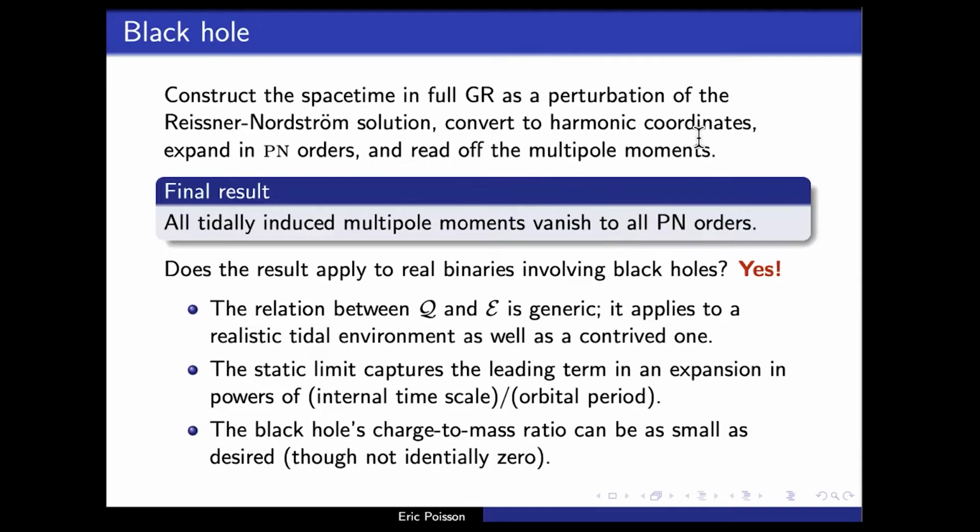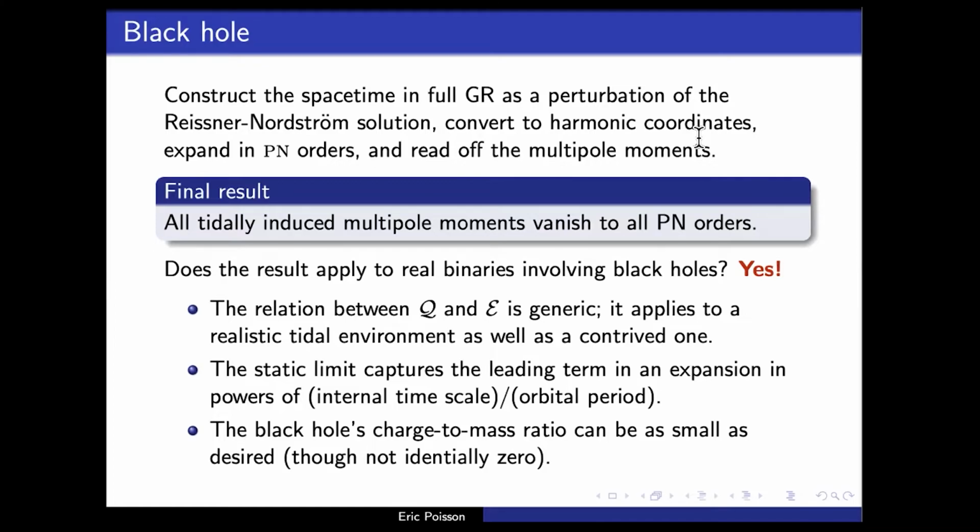And I can then incorporate an approximation where the separation between the big black hole and the small body is large, and I can reintroduce after the fact the post-Newtonian expansion. And with that, I can read off the multipole moments, because remember, my multipole moments here are defined in post-Newtonian theory. So by starting with the static binary and doing the calculation this way, I can recover the multipole moments in a post-Newtonian expansion that now I can carry off to all orders.